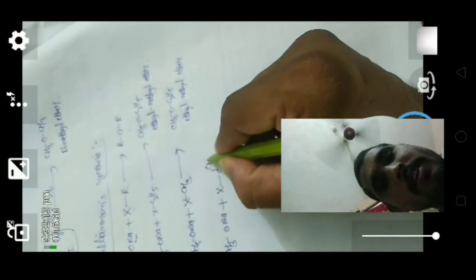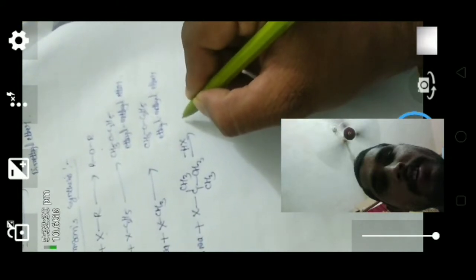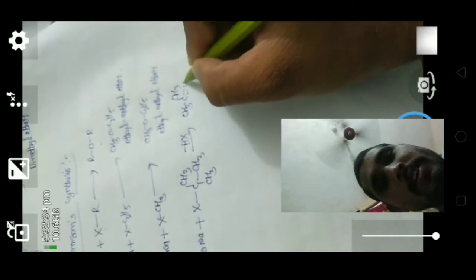Here the same methoxide ion, when we react with tertiary butyl halide, doesn't give any product, because tertiary butyl halide undergoes E1 elimination, losing the halide ion and then H+, that is hydrogen halide, to give isobutene.